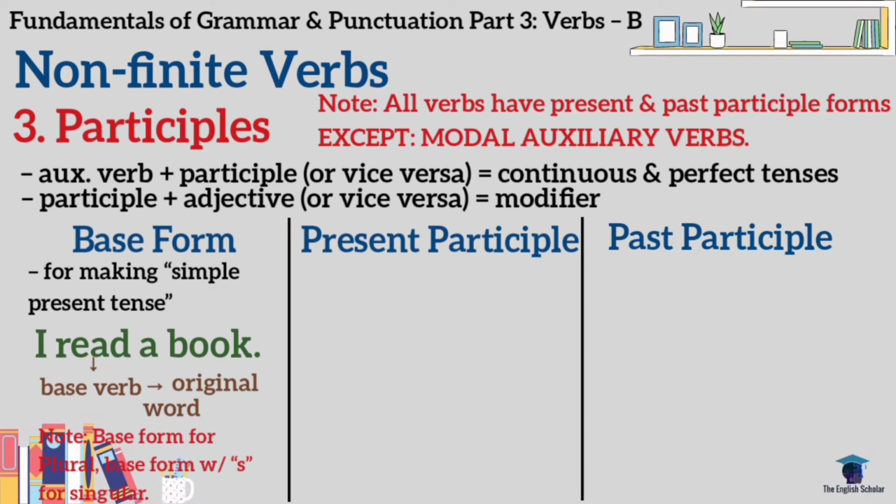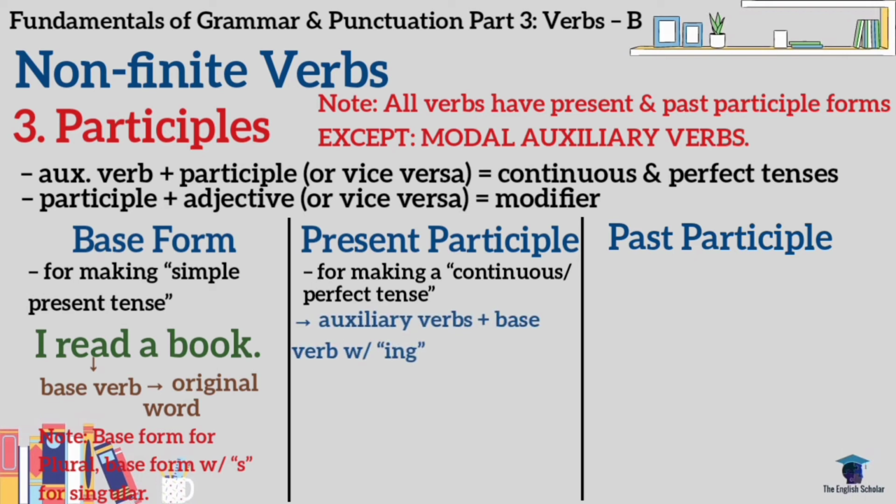We use the present participle to create a continuous or perfect form of tense. The present participle of the verb is always the base form plus ing, though some verbs may change in form, but very minimal. For example, I am reading a book. We have the base form of the verb read, and we added ing to form a present participle.